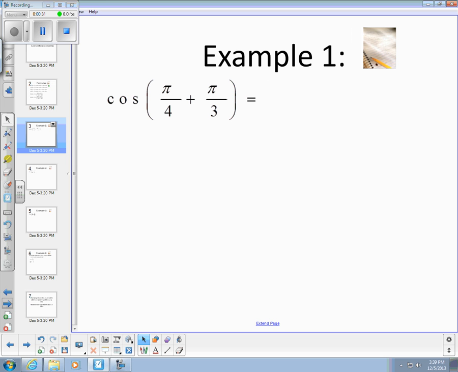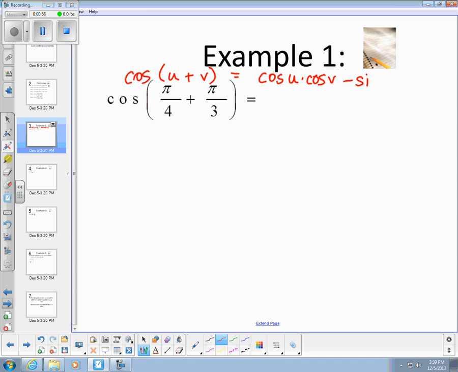So let's start with this example of cosine of pi over 4 plus pi over 3. The first thing we need to do is look back at our formulas. We have a formula that says that the cosine of u plus v, where u and v are our angles, is equal to the cosine of u times the cosine of v minus the sine of u times the sine of v.